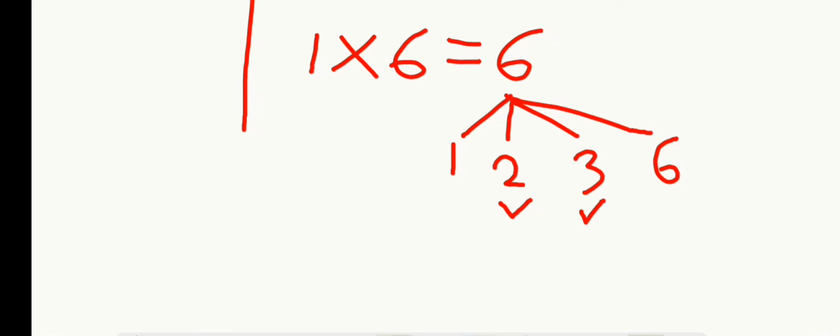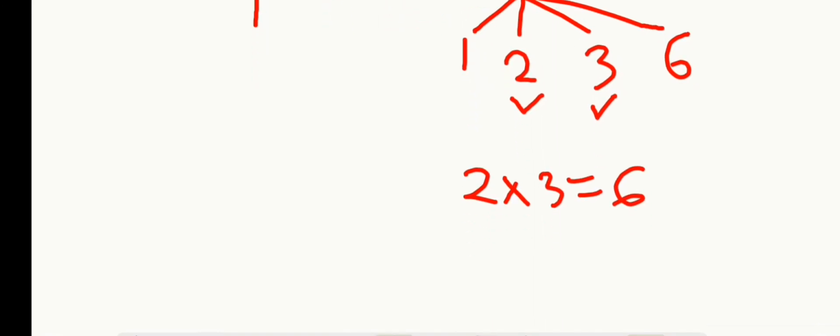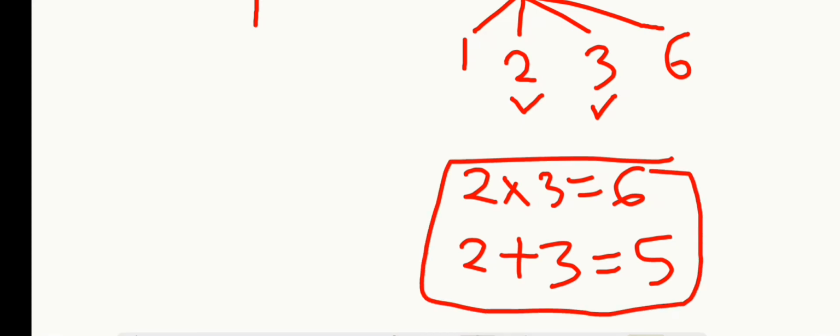Because 2 times 3 is 6, and at the same time, 2 plus 3 is 5. So that is the reason why these factors will suit the equation. Mind you, we have a positive 2 and a positive 3.